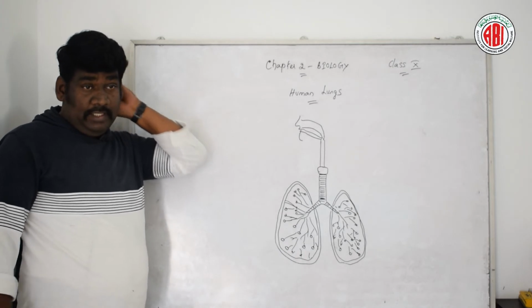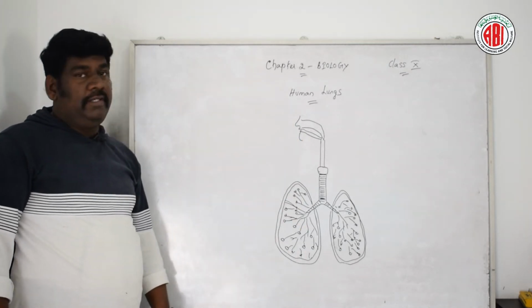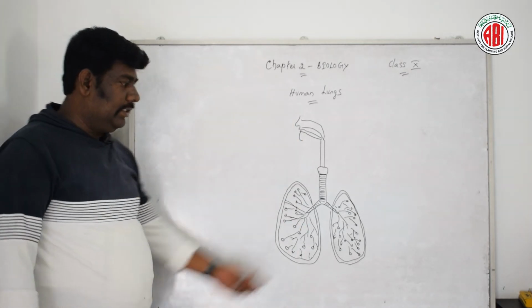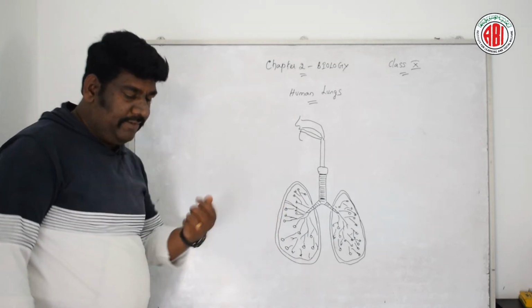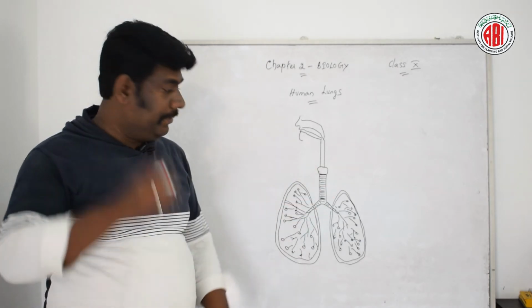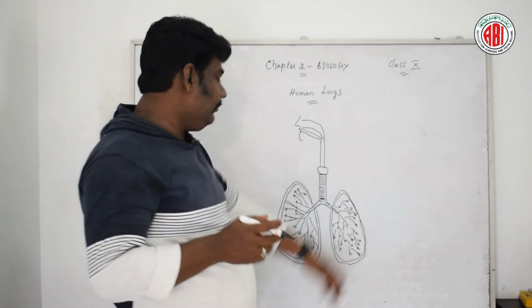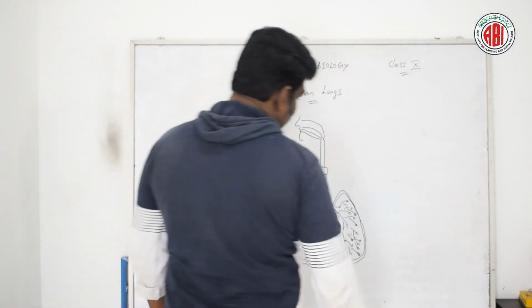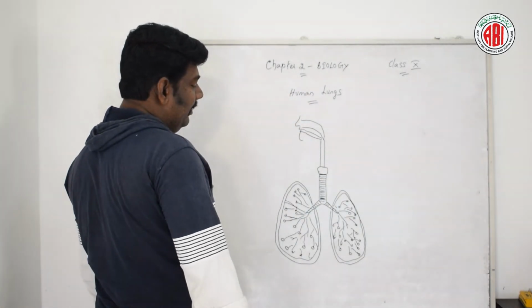Now let us label the parts. Whenever you are drawing a diagram, the diagram should be on one side and the labeling on the other side. Here we have space for writing the labeling.